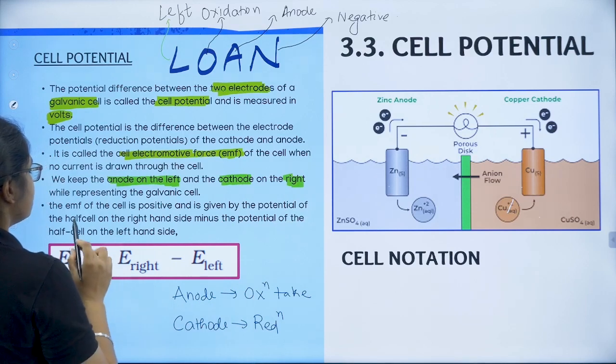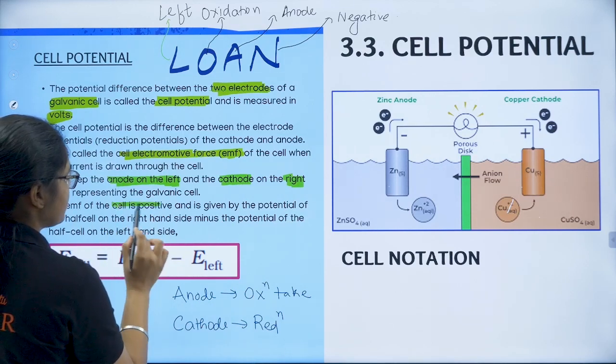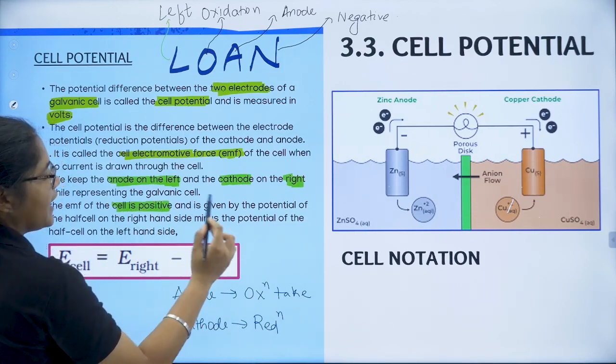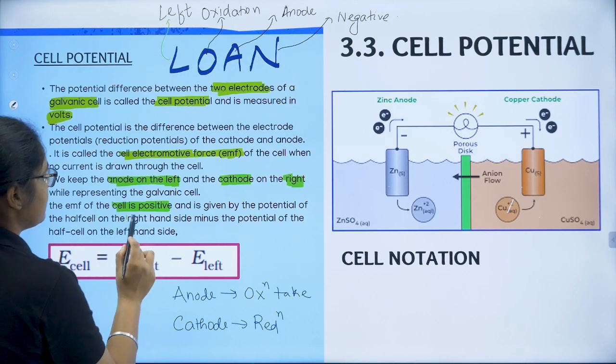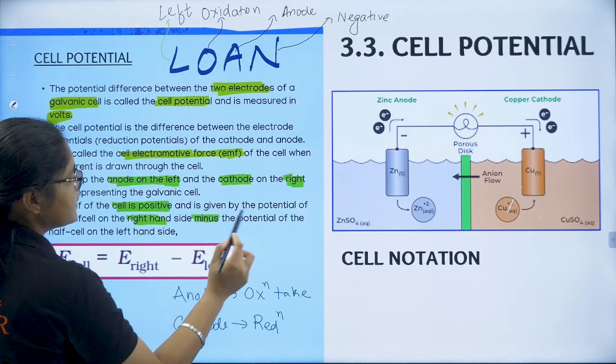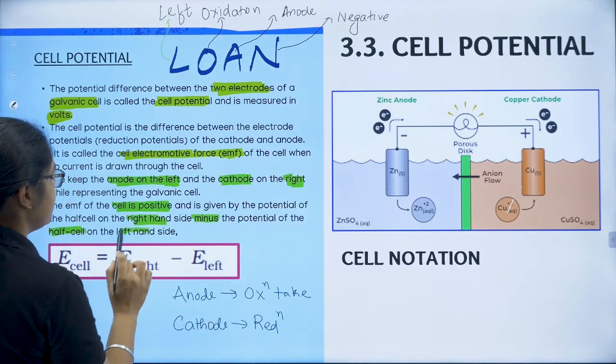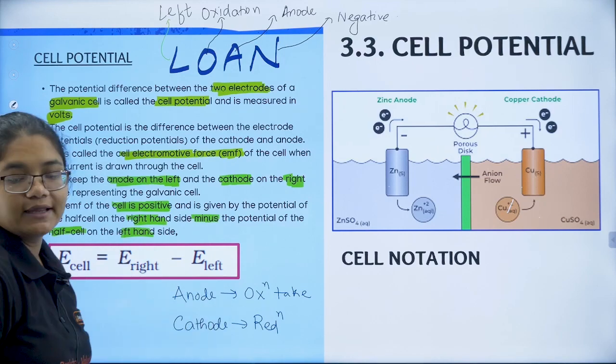Next, the EMF of the cell is positive and is given by the potential of the half cell on the right hand side minus the potential of the half cell on the left hand side. E right minus E left.